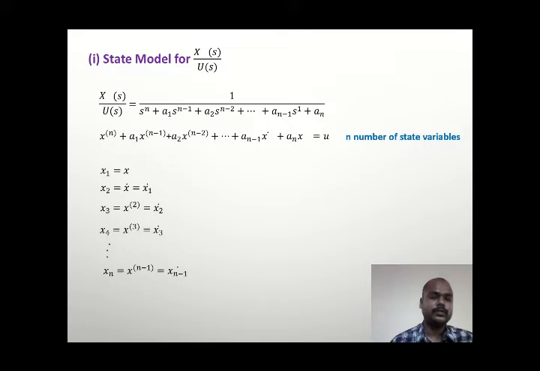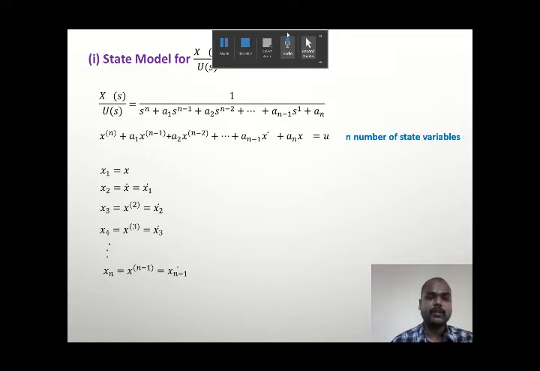So x2 equals x1 dot, x2 dot equals x3, x3 dot equals x4, and accordingly x(n-1) dot is equal to xn. So these are the assumptions for the variables, and we have to obtain this xn dot.